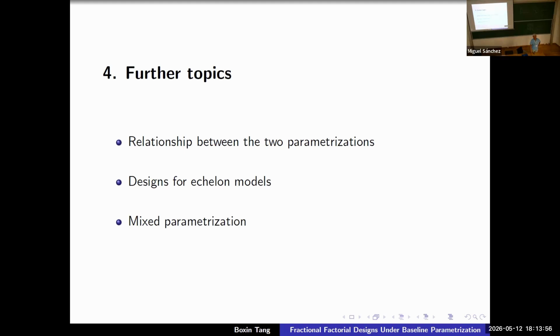In practice, some factors may have baseline levels, while for other factors the two levels are symmetrical. So in this case, you allow some factors to have asymmetrical levels and other factors to be symmetrical. That's our recent work.